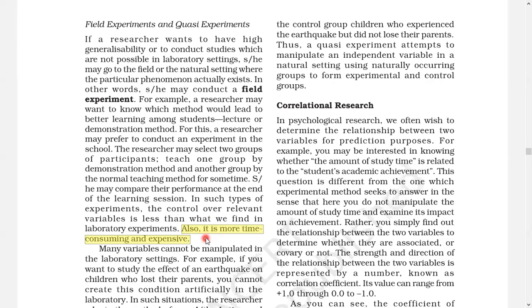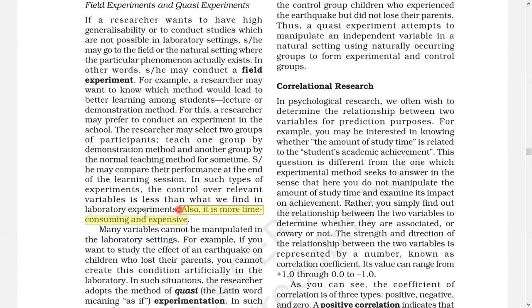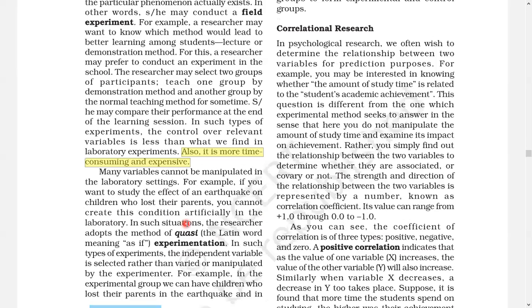Also, it is more time consuming and expensive. Laboratory experiments have controlled conditions, but here there can be uncontrolled conditions like temperature, student factors, and even the attendance of the students will vary. All these conditions will affect the experiment.